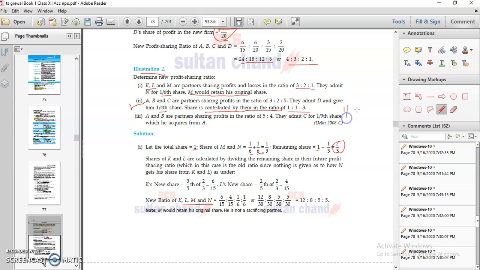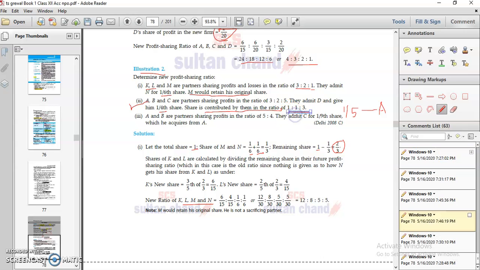So we can write over here 1/5 sacrificed by A, 1/5 by B, and 3/5 by C. So once we get to know this, this is called the total sacrifice by all the partners. So let's calculate.